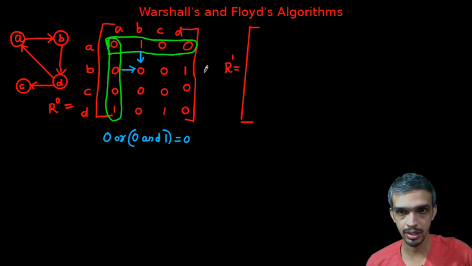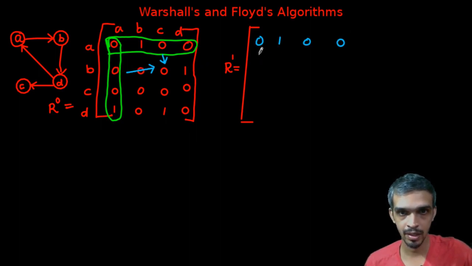This value will be 0 itself. We will be having the row and column as such. So the intersecting value is 0. Next, 0 and 0, 0, which is OR with the 0, so it will be 0 itself. 0 and 0, 0, which is OR with this one, that is 1 itself. 0 and 1, 0, which is OR with 0, so 0 itself. 0 and 0, 0, then OR with 0.